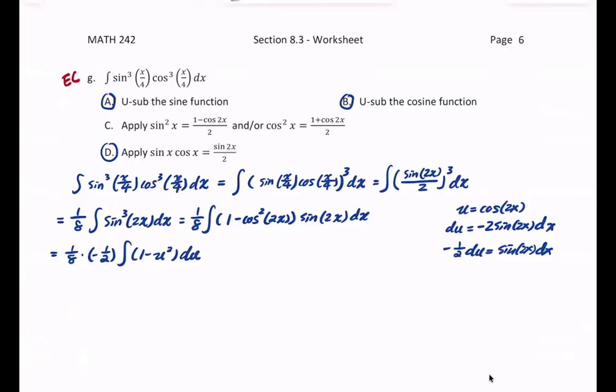Oh, my bad. I copied it wrong. When I doubled it, that's x over 2.